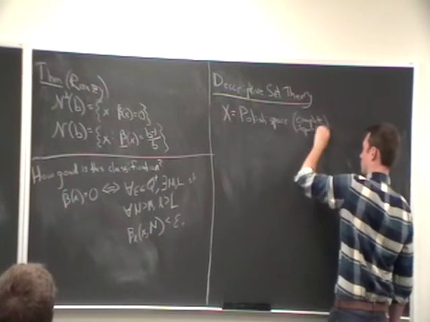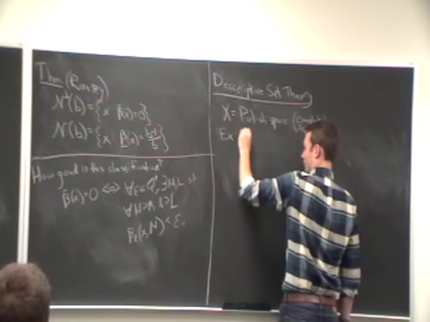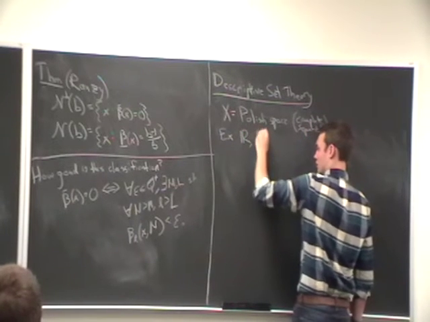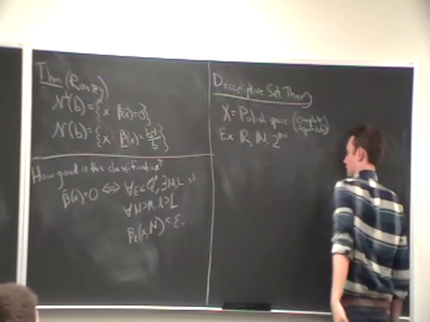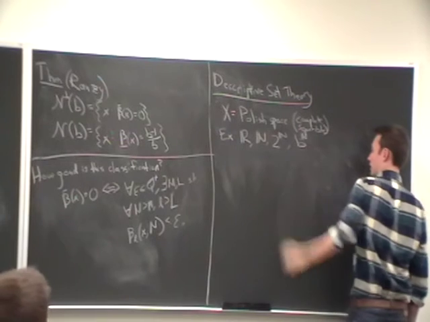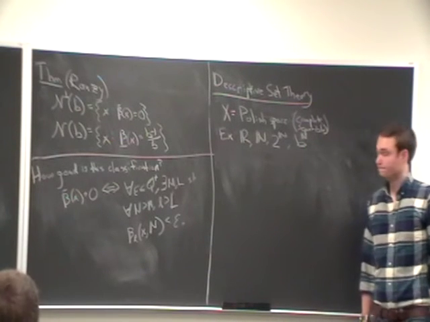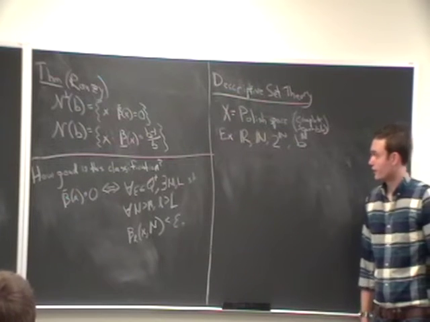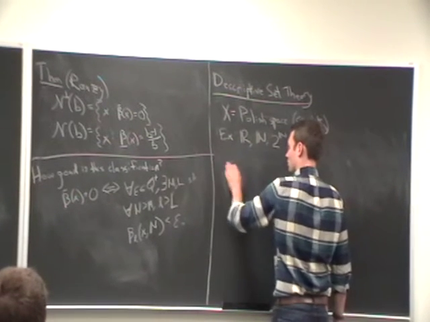Some examples of Polish spaces are the reals, the integers, infinite sequences of zeros and ones, and the most relevant one for this talk, infinite sequences of integers 0 through b minus 1. Now, given a Polish space, we can endow it with the Borel sigma algebra.